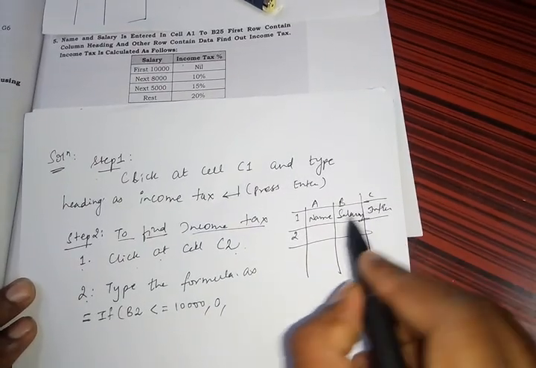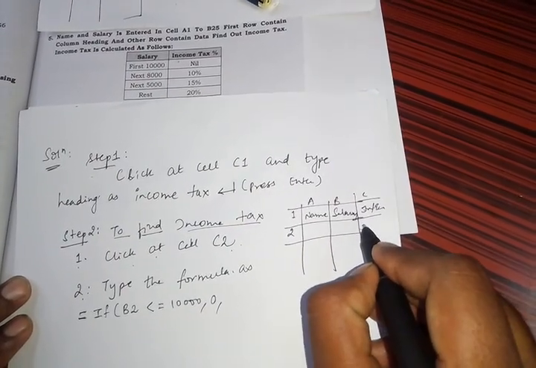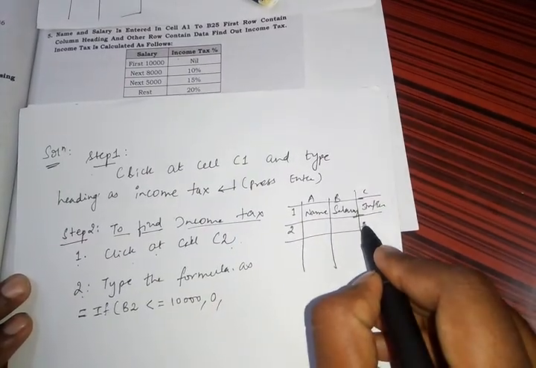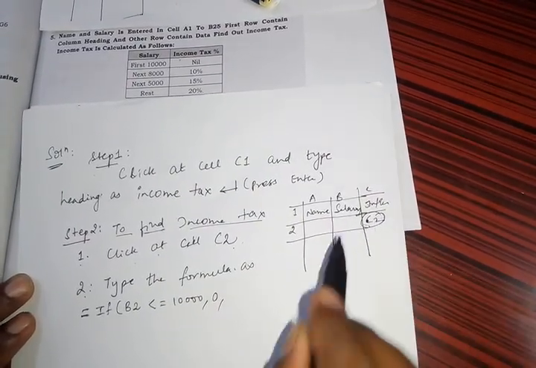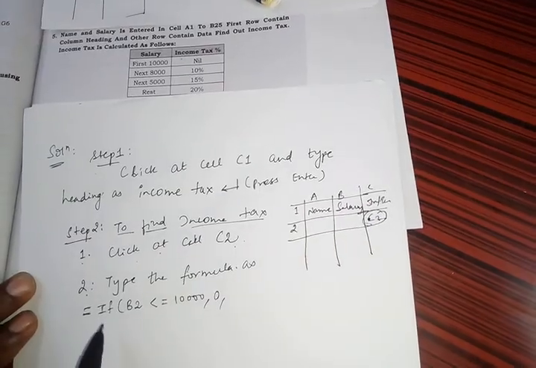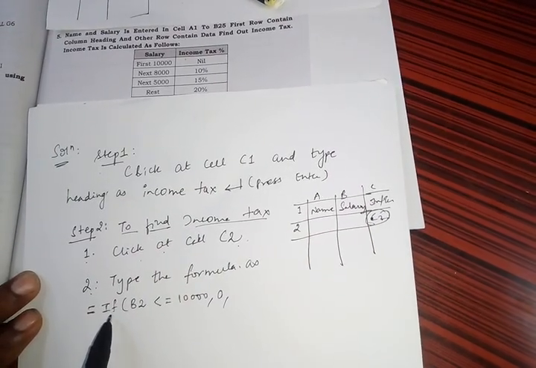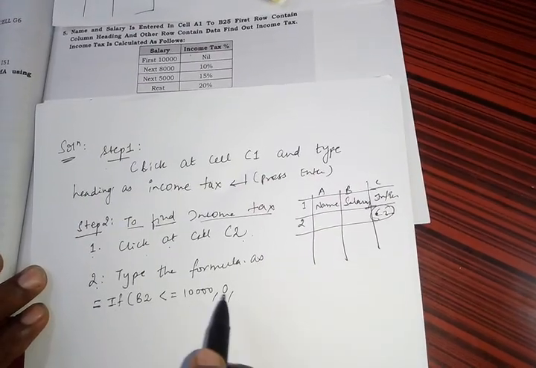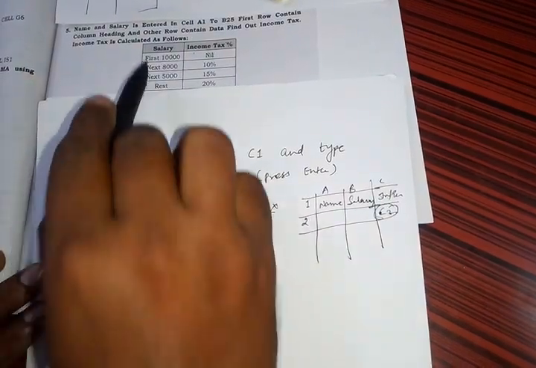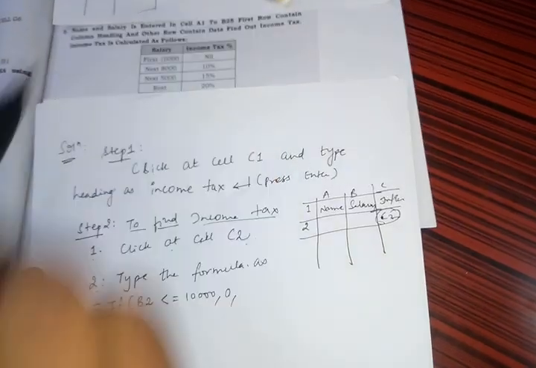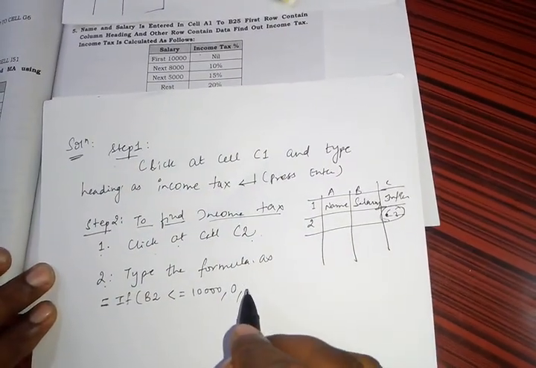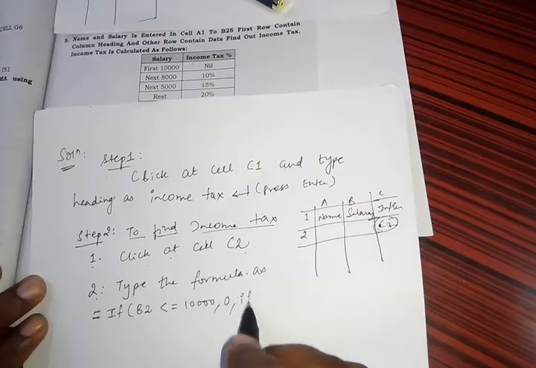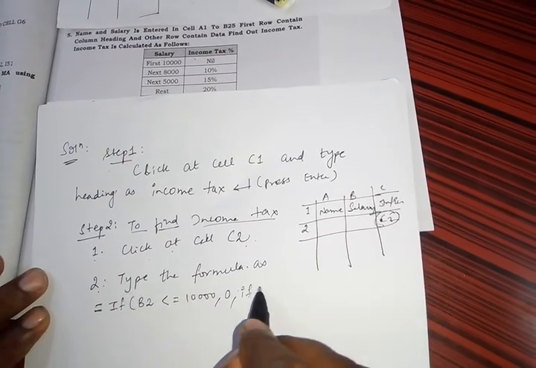That is why we clicked at cell C2. This is my cell C2. At cell C2 I am writing the formula equals to IF B2 is less than or equal to 10,000 then 0. Why 0? Because for the first 10,000 it is nil, comma, then once again I will write IF, because multiple IF is existing.